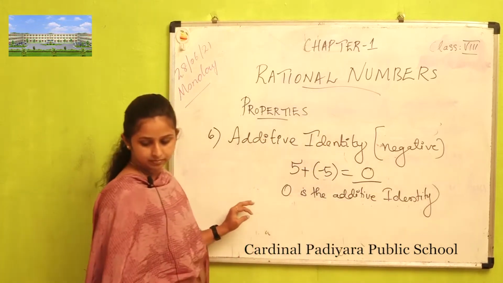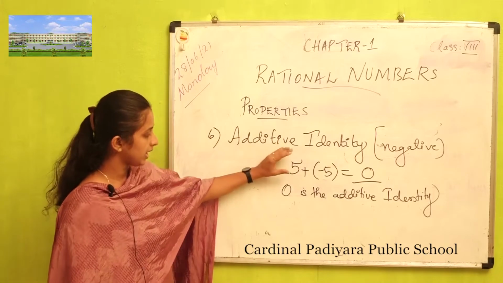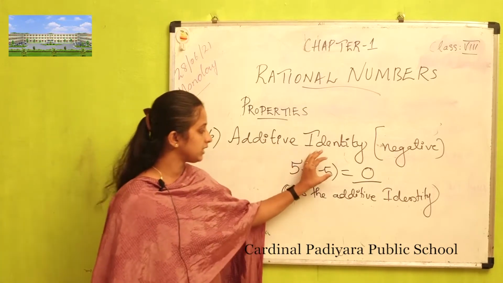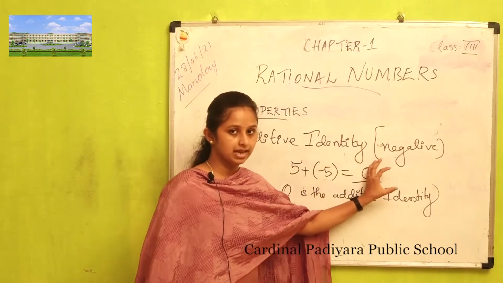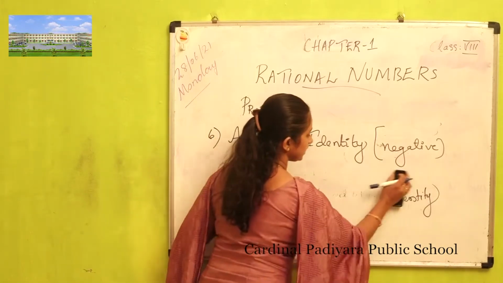That is the fourth property. 0 is the additive identity. So when I am adding 5 to the negative of 5, I am getting 0 as the answer. So we can say that the negative of any number is the additive identity.